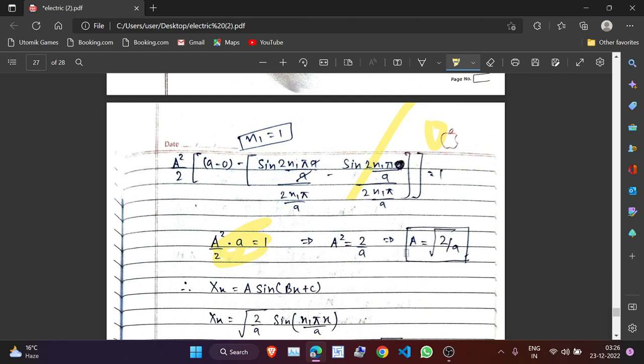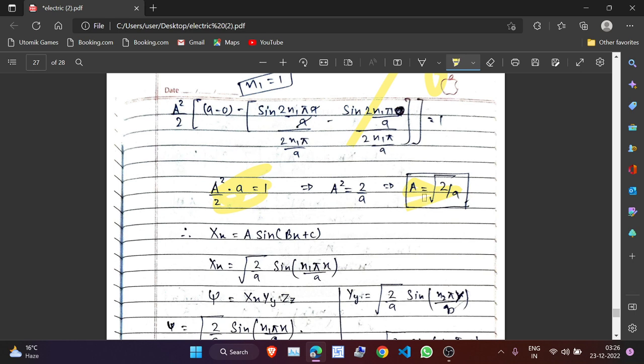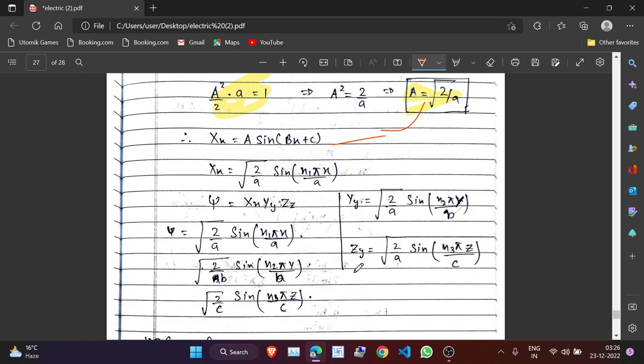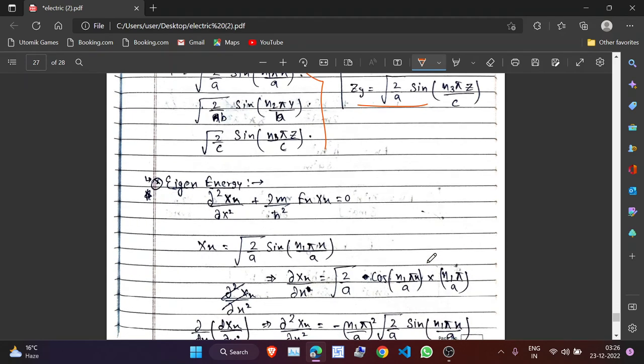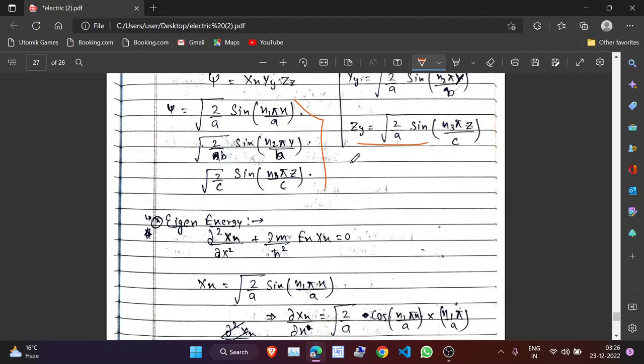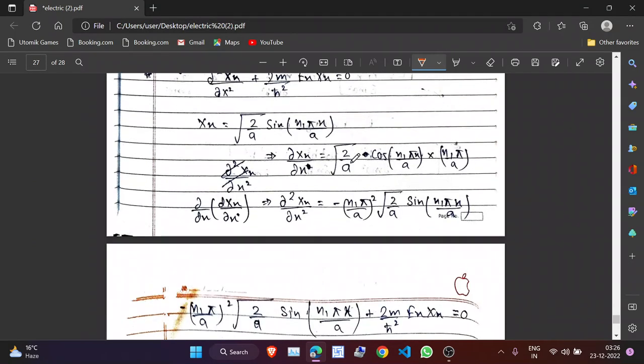A square is equal to under root 2 by a, and we put this in the general equation that we have derived, and we get the equation for all three axes, that is the x-axis, y-axis, and z-axis.